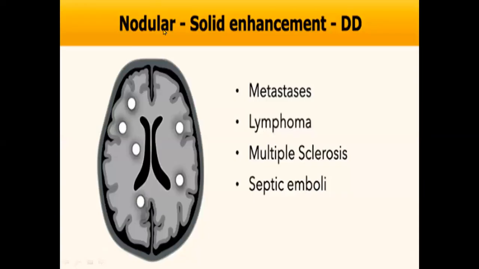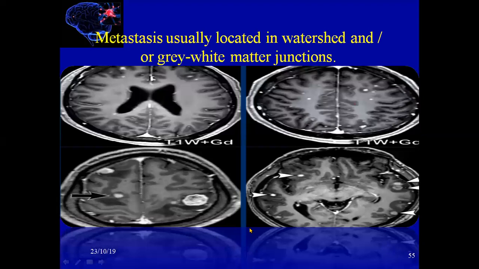We have also, moving to nodular and swelling enhancement, which can be seen in metastasis, lymphoma, multiple sclerosis, and septic emboli. As we show here, this is metastasis. Metastasis is usually located in the watershed or at the gray-white matter junction.